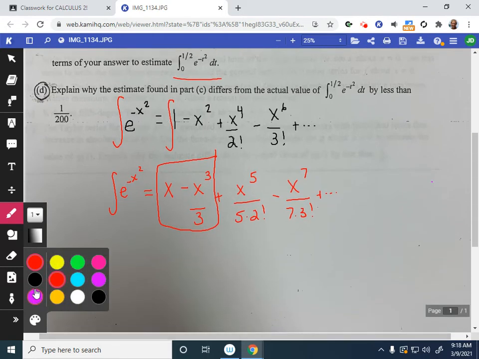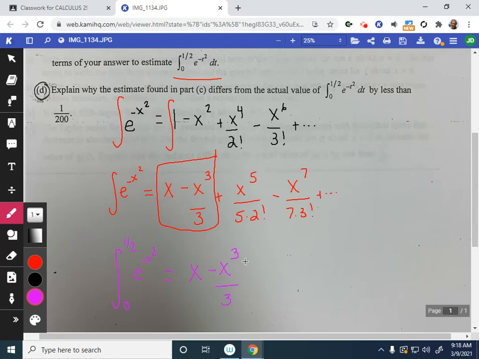So now they want us to find the integral from 0 to 1/2 of e to the negative x squared, saying that the integral of this is going to be found by taking just the first 2 terms of that series. So this, and evaluating from 0 to 1/2, just like we do with definite integrals. Plug in 1/2, so we're going to have 1/2 minus 1/2 to the third, so 1/8, minus whatever we get when we plug in 0, which is going to be 0.